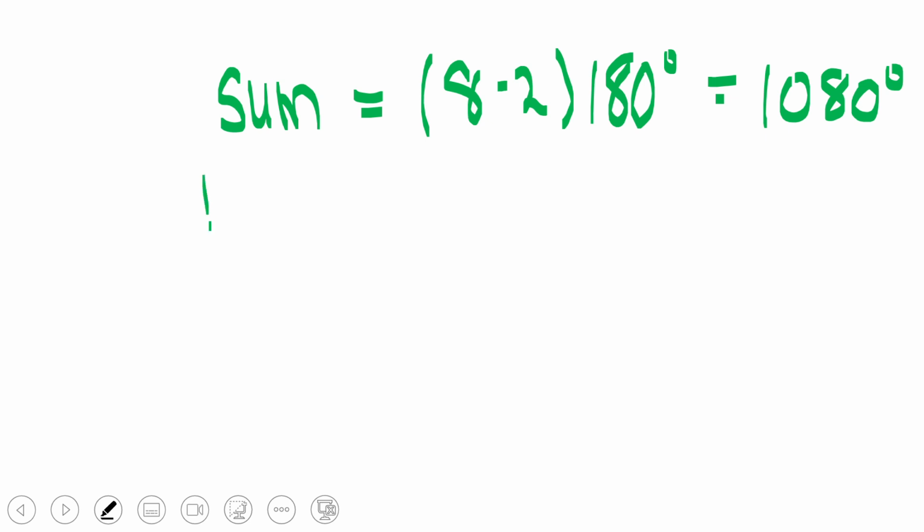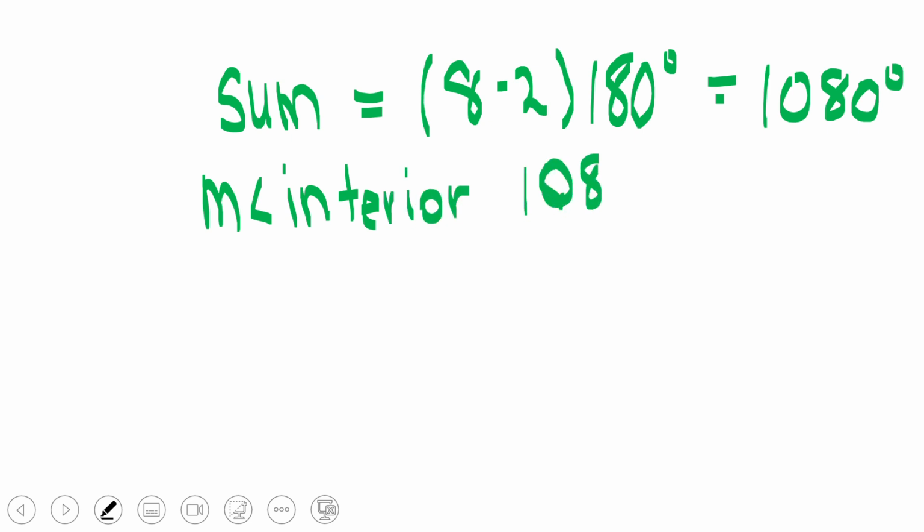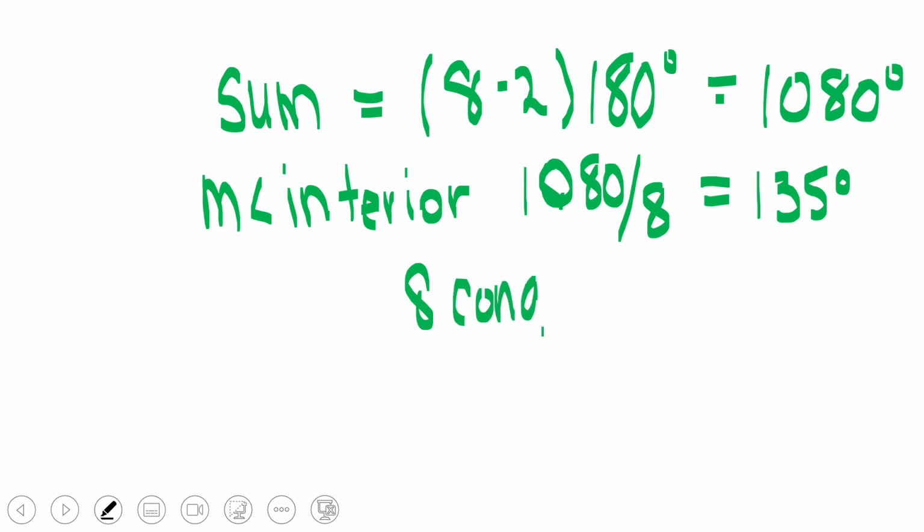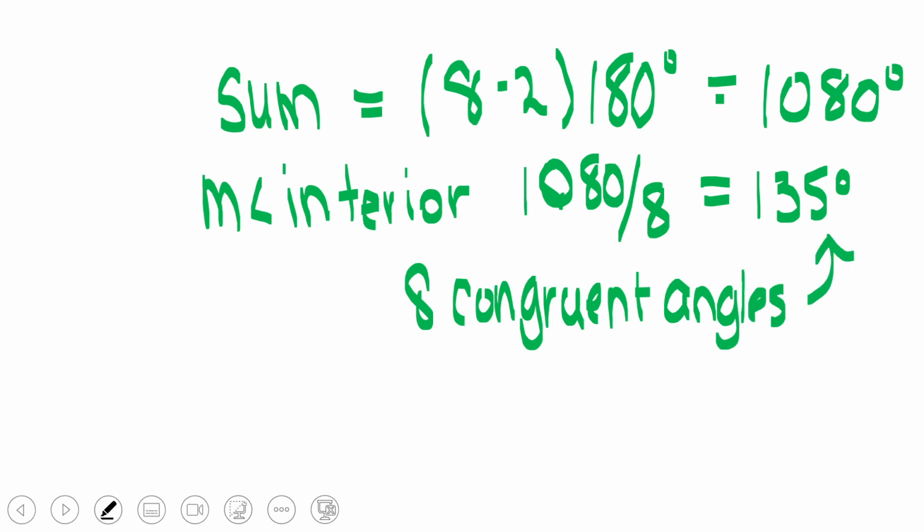Now to find the measure of each interior angle, we're going to take that 1080 degrees divided by 8, and it's going to give you 135 degrees for each angle. And we consider 8 congruent angles for an octagon that each measure 135 degrees when we pop it into the formula.